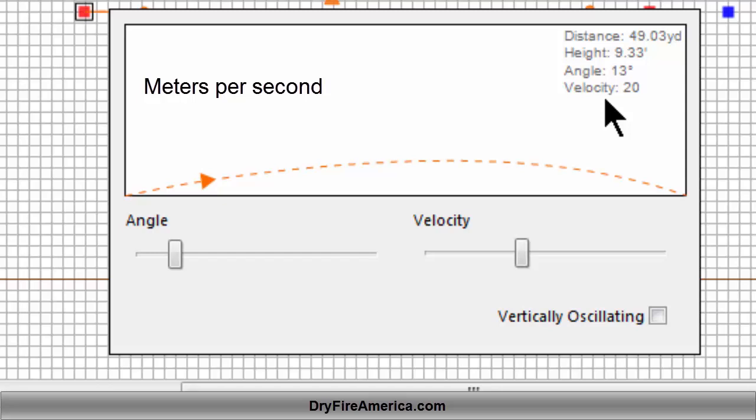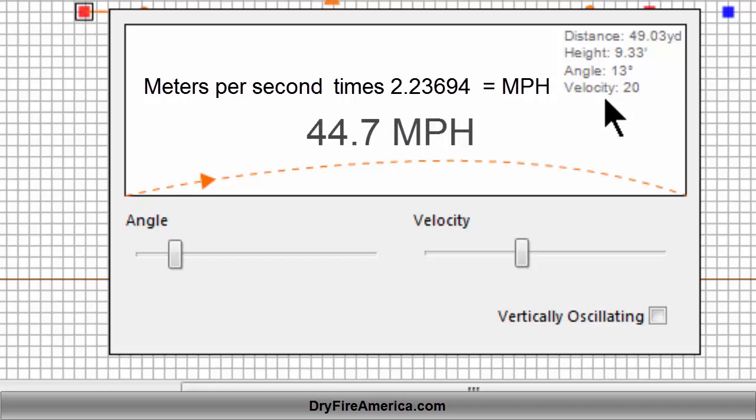If you take this number, which is in meters per second, and multiply it by 2.23694, that will give you a number in miles per hour so that you can relate to it. Now the velocity of 20 is approximately 44 to 45 miles per hour.